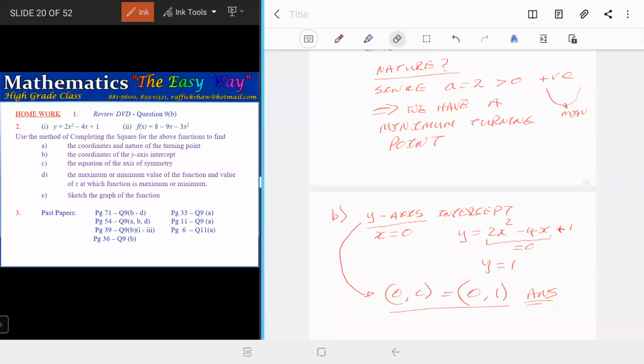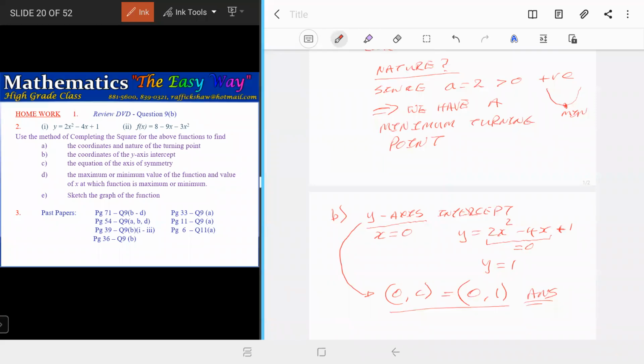The next time I'm doing one of these questions, I'll just write it down. I won't bother going into why it is that. Because I'm teaching it now, and I want you to understand it, not just know it. That's why I'm explaining why it is 0, 1, why it is the 0, C value: because the x value on the y-axis is 0.